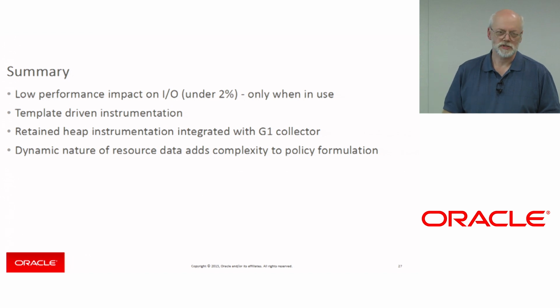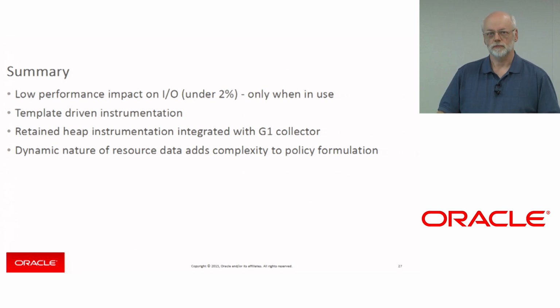In our measurements, which we haven't gotten to final numbers under real circumstances, but in one SPECjvm benchmark, we measured the overhead as being under 2%. It depends, obviously, quite a bit on the mix of CPU and I/O activities that are going on. It's fairly easy to do the instrumentation because of the templates.